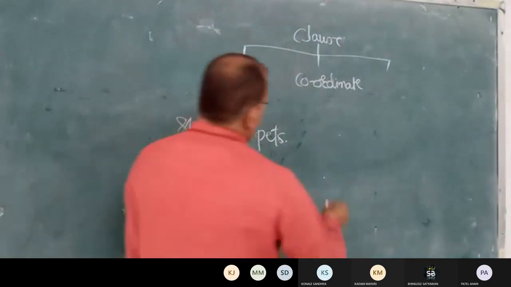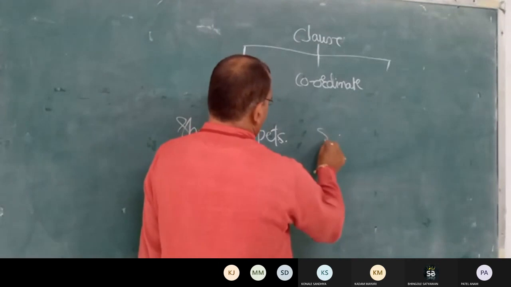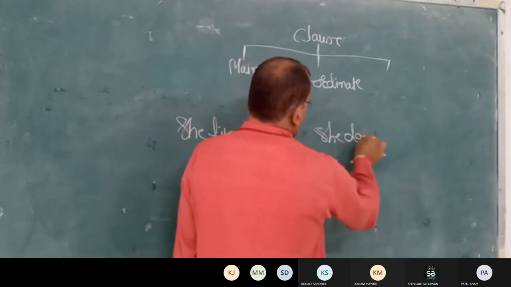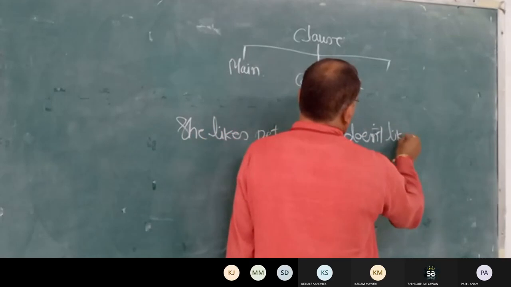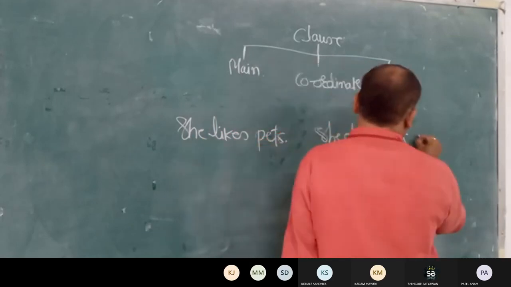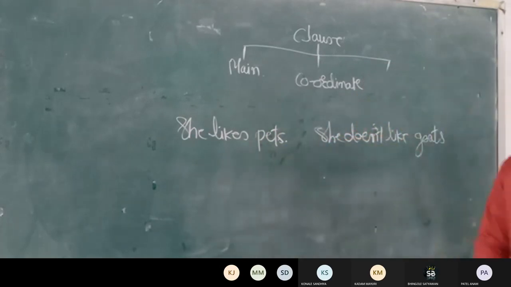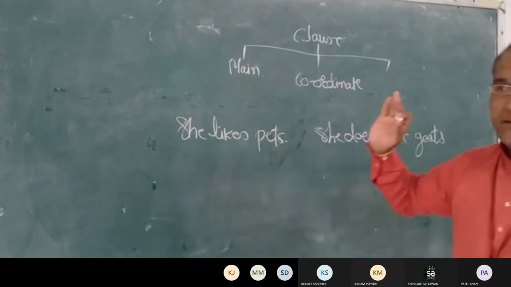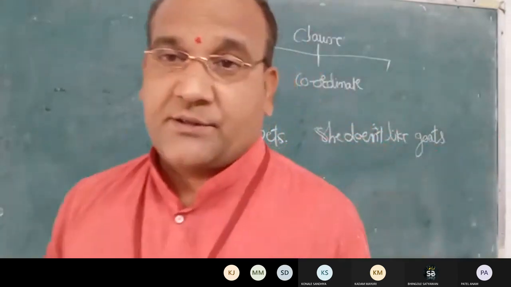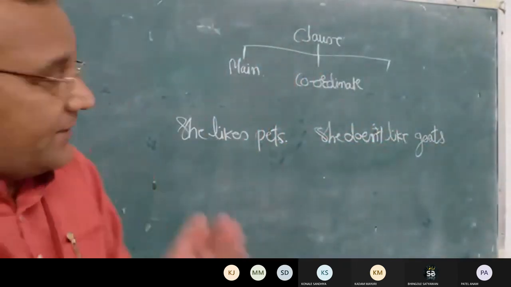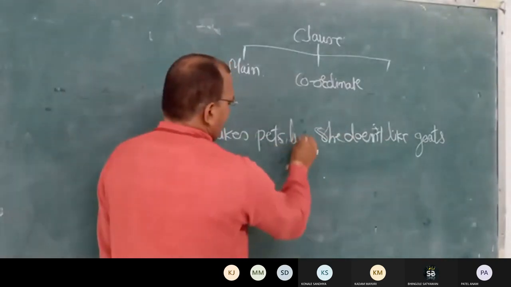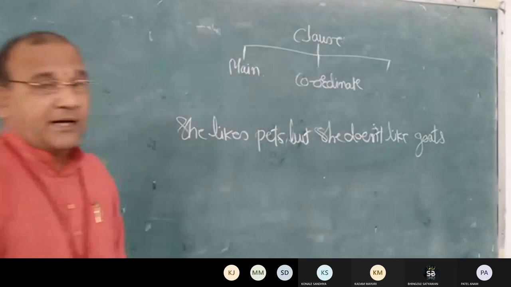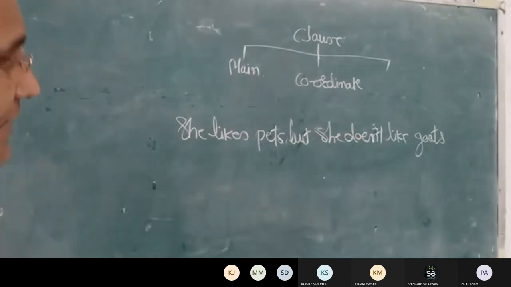Suppose I want to have another sentence: "She doesn't like goats." This also is a complete sentence. Now I want to combine these two sentences. I drop this "also" and I use the coordinating conjunction "but," and the sentence becomes a compound sentence.